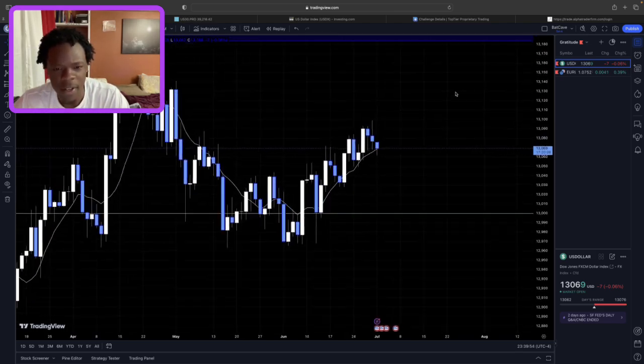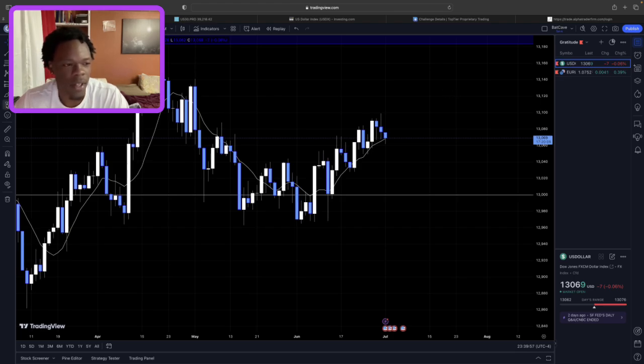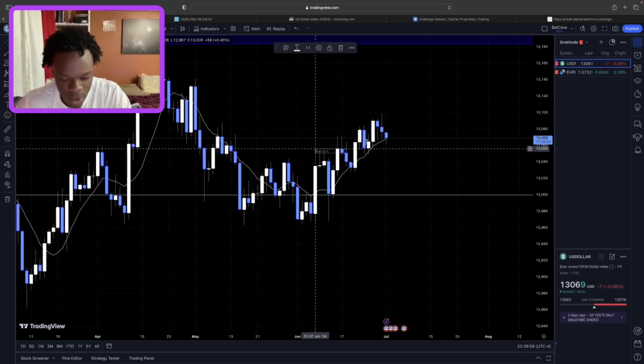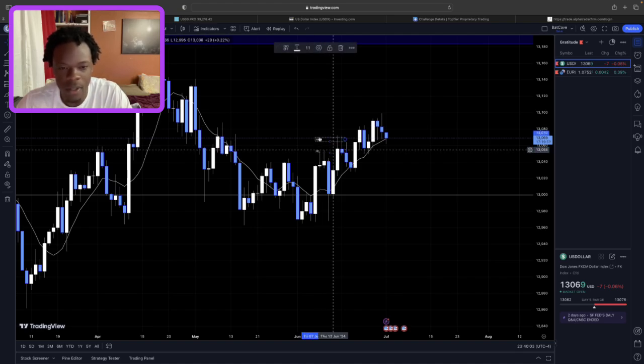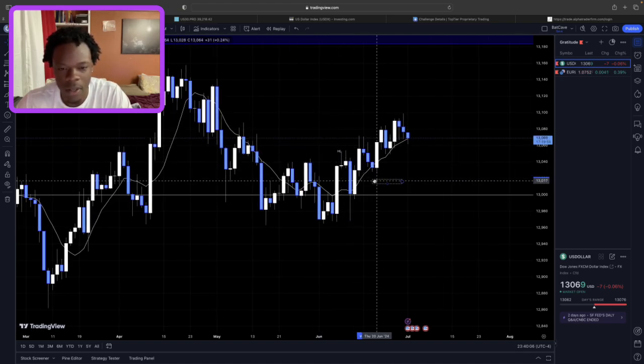On the daily time frame, as you can see, price action has created higher highs and higher lows. Let me chart it here.